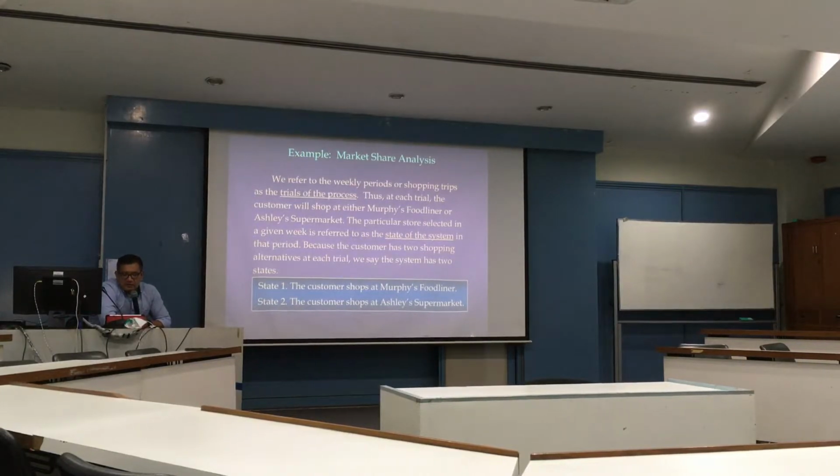Since the customer has only two shopping alternatives for each trial, shopping at Murphy or Ashley, if we develop the Markov model to study this, we have just two states. State 1 is the customer shops at Murphy, and state 2 is the customer shops at Ashley.